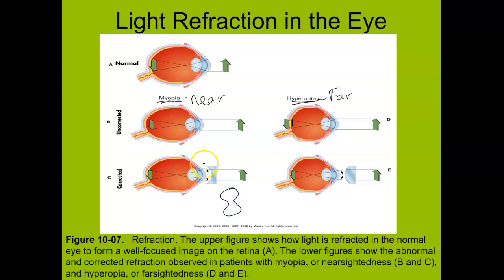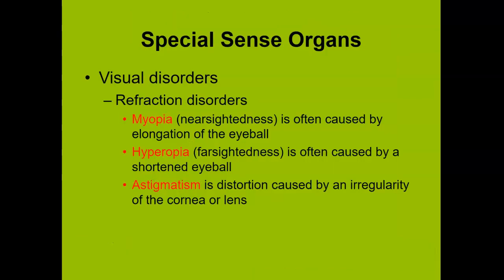And what ends up happening when you have a barbell here like this is instead of a single arrow being projected back onto the retina, you actually have two focal paths, one that's here and one that goes through that area, and you end up with double vision. So astigmatism is a distortion of the cornea or lens, and you end up with double vision.